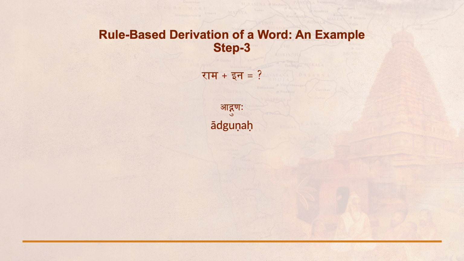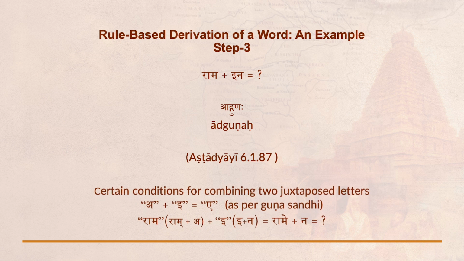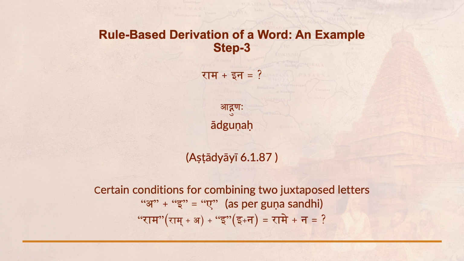When we scan the rules, what we find is the 6th chapter, 1st section, 87th rule. That becomes applicable now. What is that rule saying? This rule provides certain conditions for combining two vowels. These are Sandhi rules: how do you put two letters one after the other? A plus E is actually Guna Sandhi, and that's what this rule tells us.